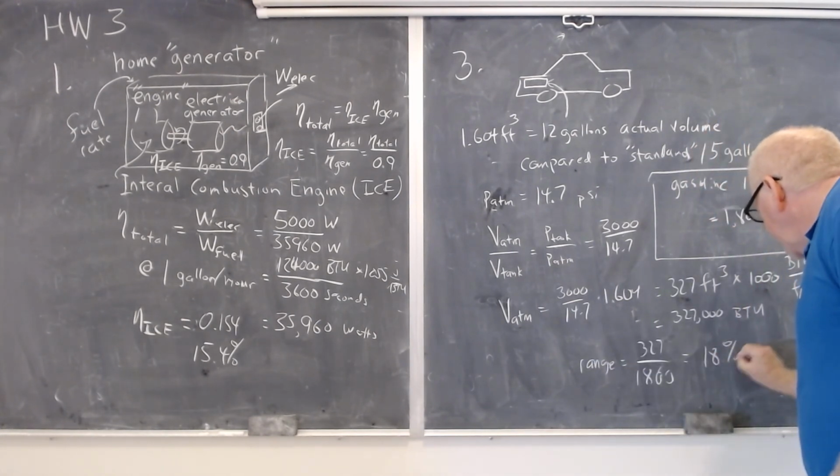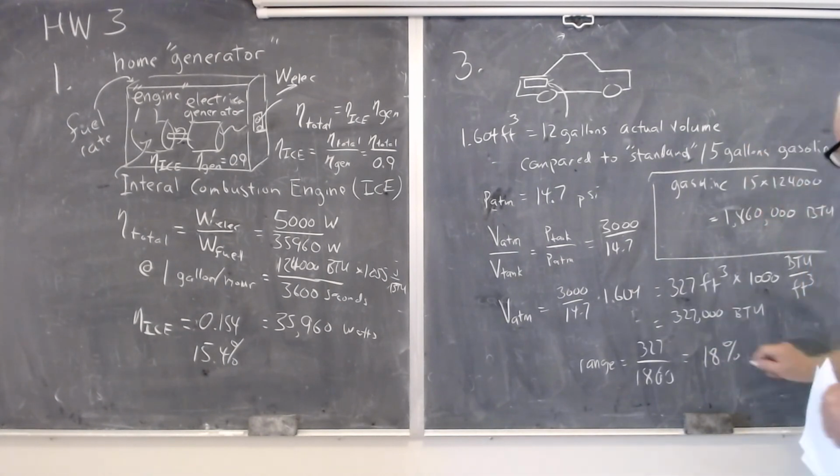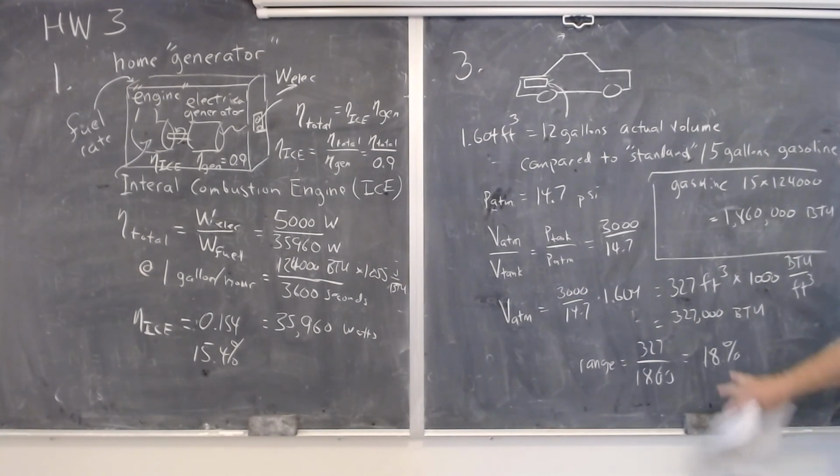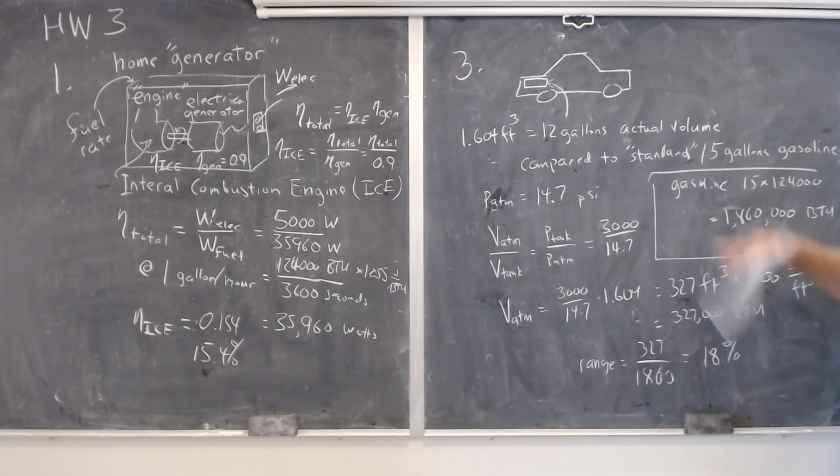Which I thought was kind of interesting, that this calculation indicates you can only go 18% of the distance you could with your standard gas car. Now, I don't think that's actually the case. I think most of these vehicles can go a lot further. For example, Honda used to sell a natural gas vehicle that was rated for, I thought, 200 miles.